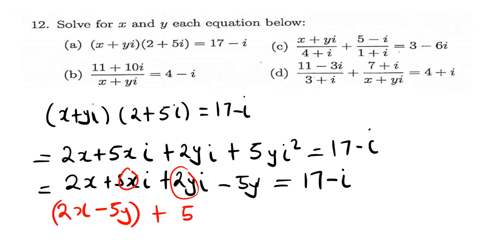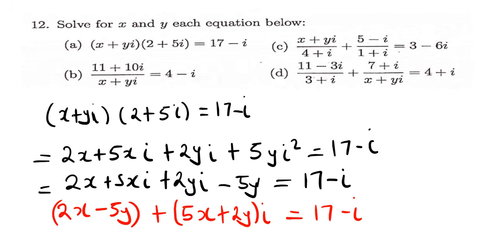All of them have i, so I'm going to factorize the i outside: 5x plus 2y, then i outside. This will be equal to 17 minus i. So this is how we solve complex numbers when you are asked to solve equations.